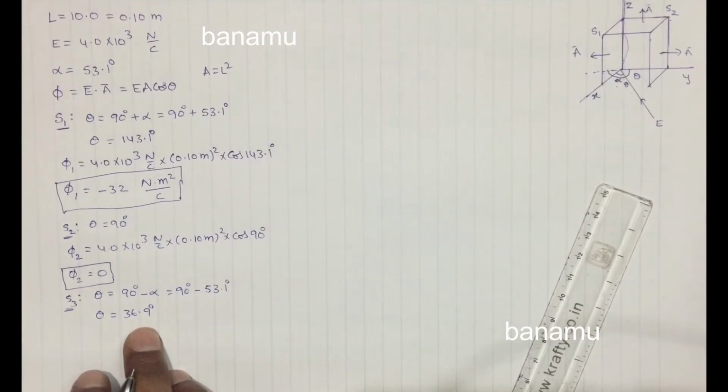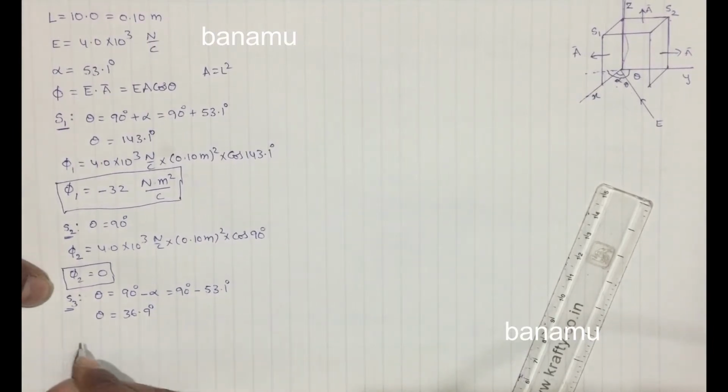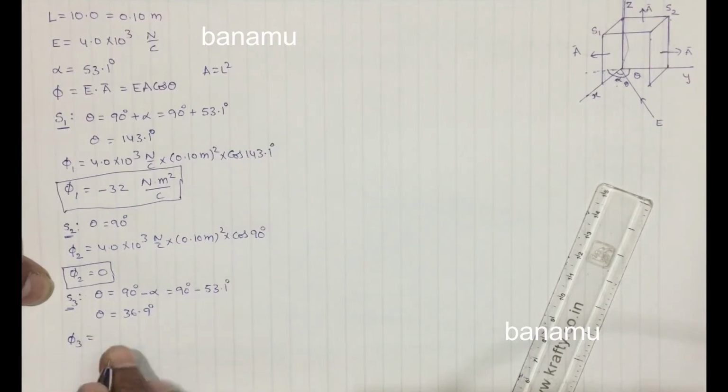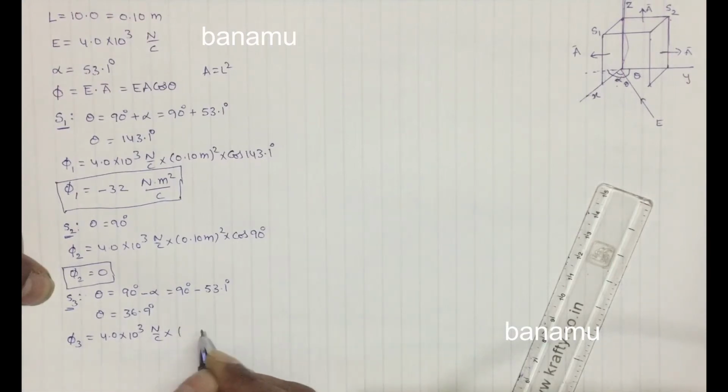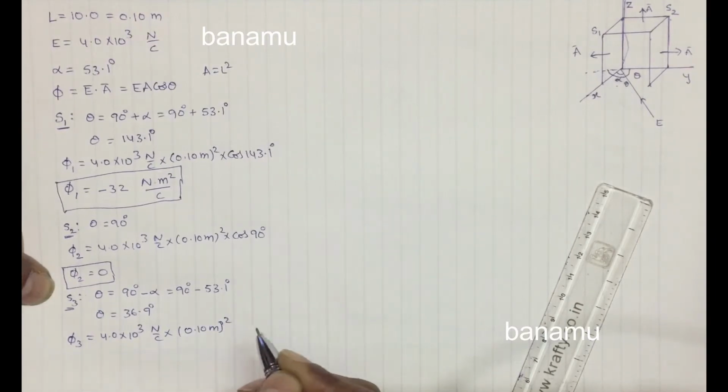So the electric flux at the surface S3 is phi 3. Phi 3 is equal to E A cos theta. The electric field E is equal to 4 into 10 to the power of 3 Newton per coulomb, the area is L square, (0.1 meter) whole square, into cos 36.9 degrees.